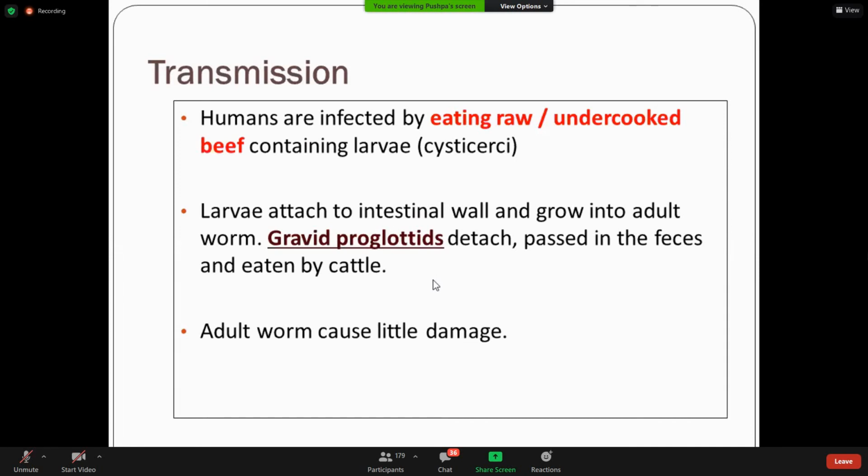Either the person will come and complain that this whitish thing is coming in my stool, or due to some abdominal discomfort, diarrhea or constipation, they will come to you and say, and you will suggest them stool DR and you will find the eggs. Sometimes eggs are seen also.